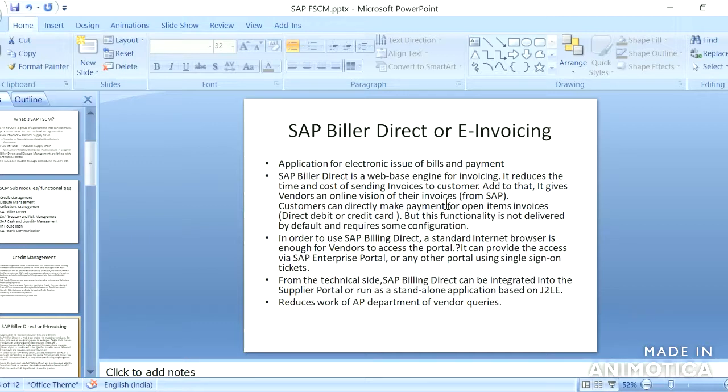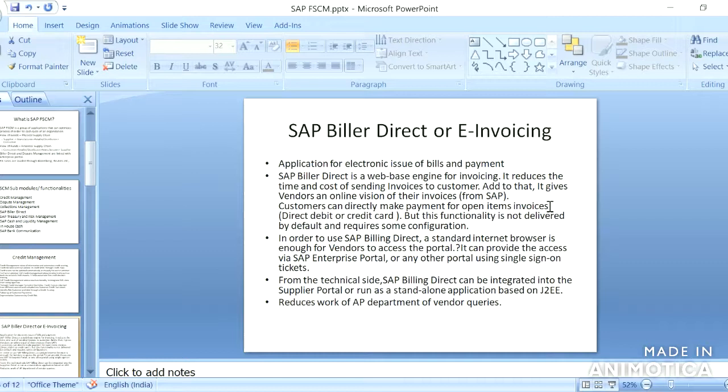If they want the list of invoices, they can get it in the SAP system. So the customer can directly make payment for open item invoices.